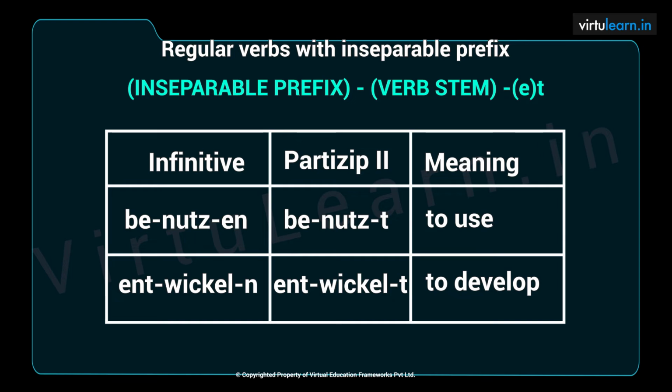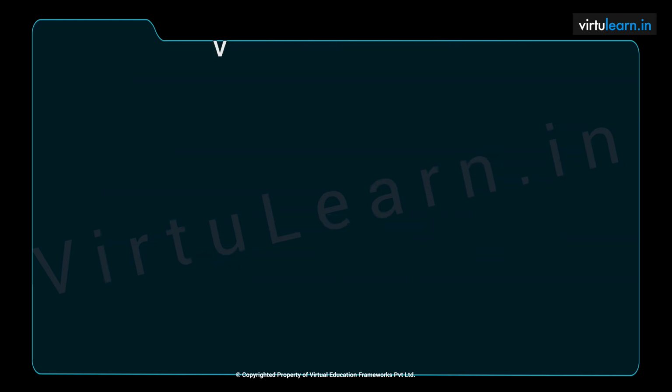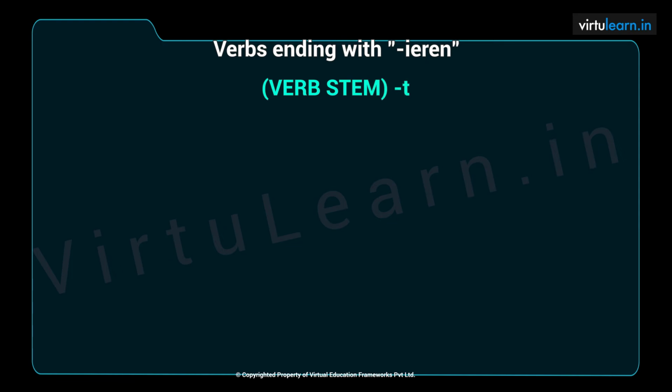Entwickelt. The next variation are the -ieren verbs. That is, the verbs which end with IEREN. For example, studieren, reparieren. All these are the verbs which have the -ieren endings. So in such cases too, there is no GE prefix.